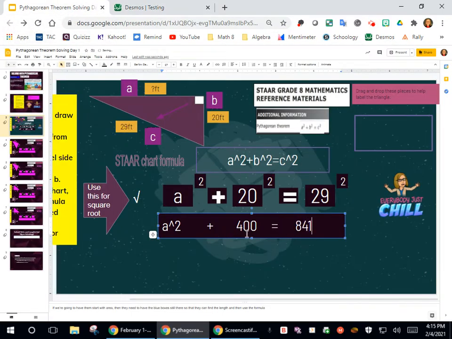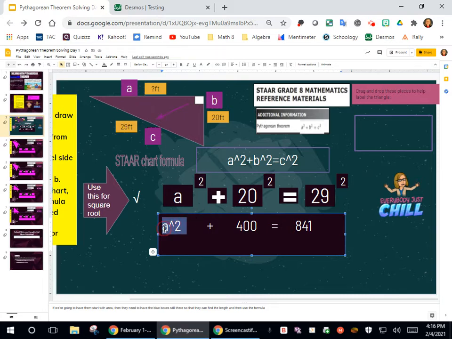Okay, so press enter. Let's keep going with what I know. I don't know what a squared is. I need to solve what a is. And here's a squared. Somehow I need to get this 400 away from this side so we can get a squared by itself. So how do we make this positive 400 equal 0? Cancel out. Subtract it.